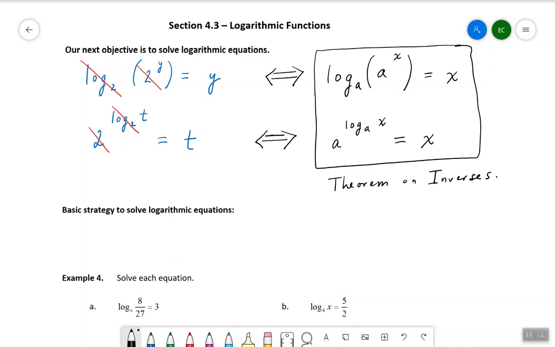So if we want to solve a logarithmic equation, there are actually two ways that we're going to do this, but let's start with an idea from this theorem on inverses.